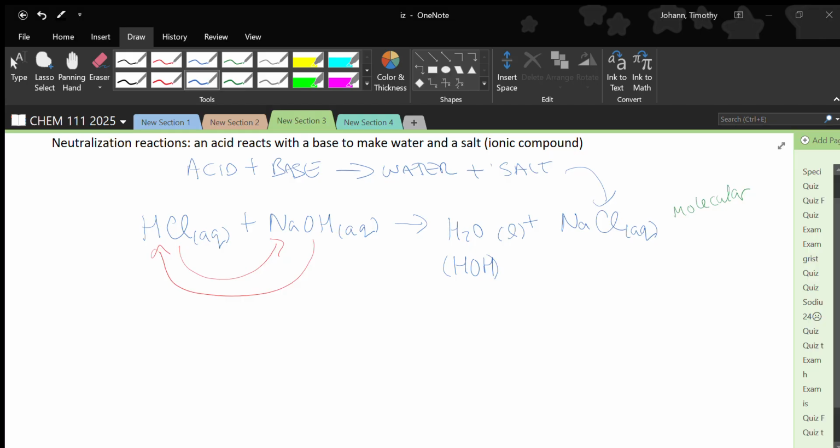So when we do an ionic equation, any ionic equation, what do you do with it? Yeah, you break up the ions, right? So they're all broken up, and you write aqueous next to each one. Yes?